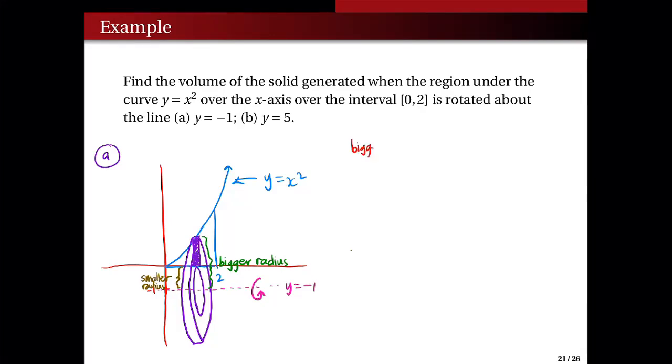The bigger radius is equal to your x squared, from this point up to this point here, the center. So it will be x squared minus -1, or this is equal to x squared plus 1.